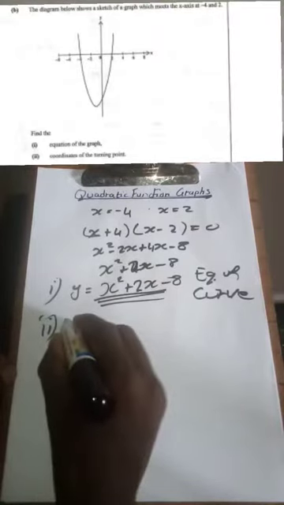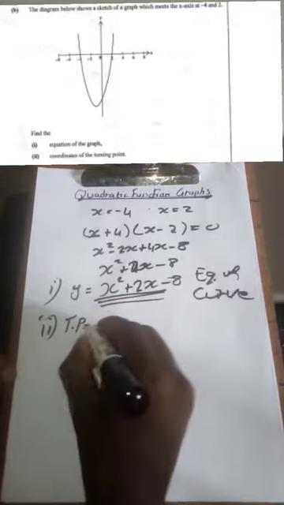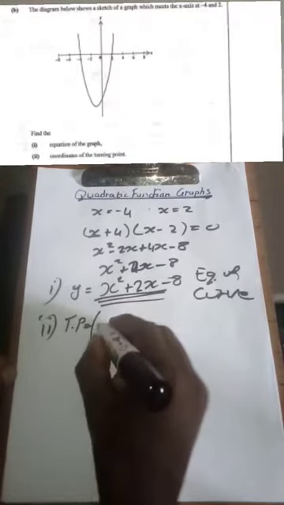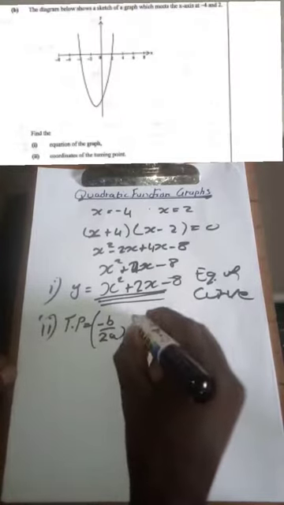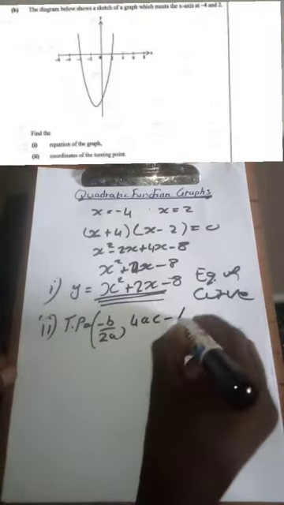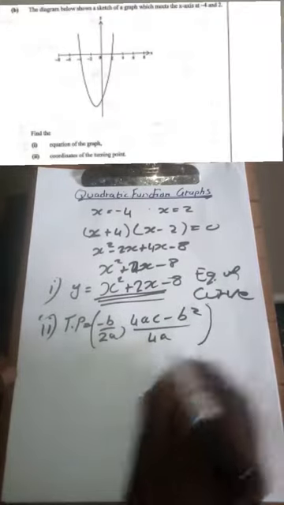This is the formula that is used: TP, meaning turning point, is equal to (-b over 2a, comma, (4ac minus b squared) divided by 4a).